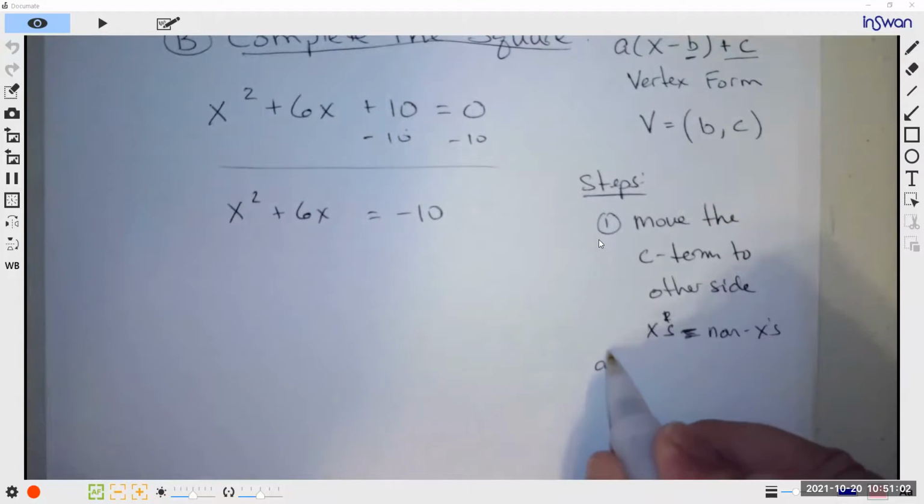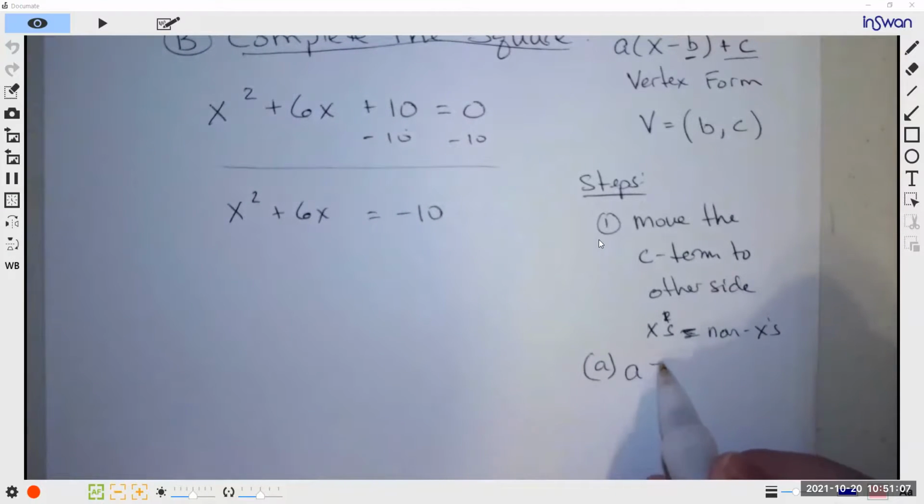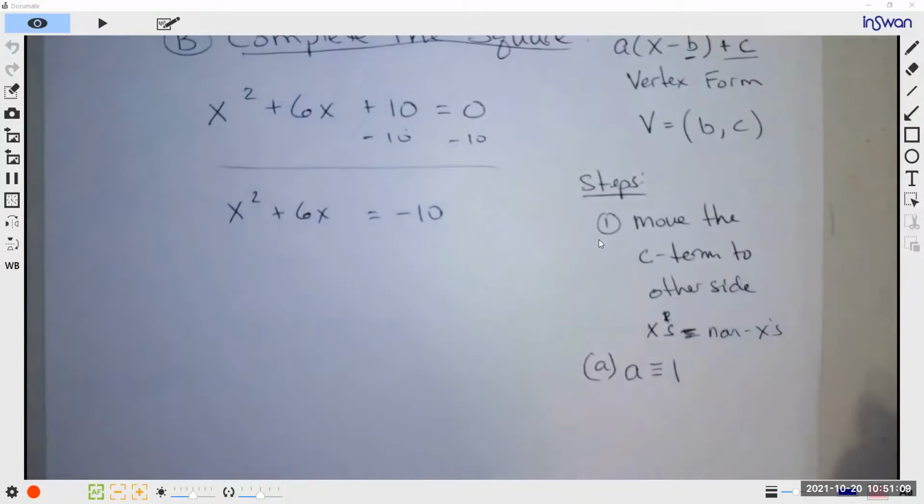Now, this is also important. It should actually be the first step. A has to equal 1.